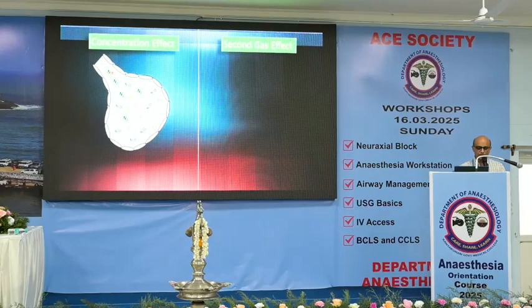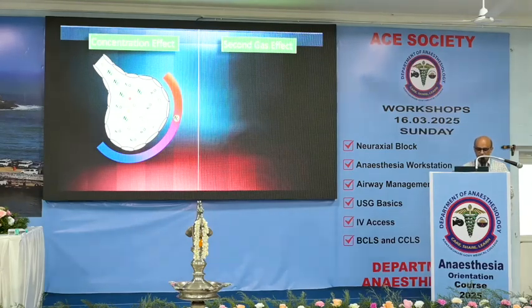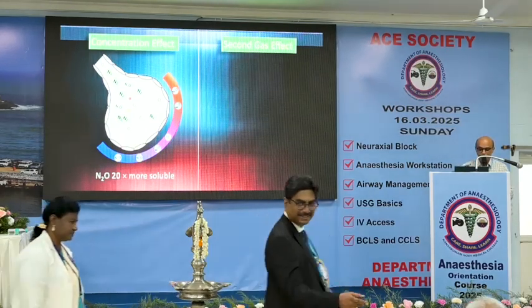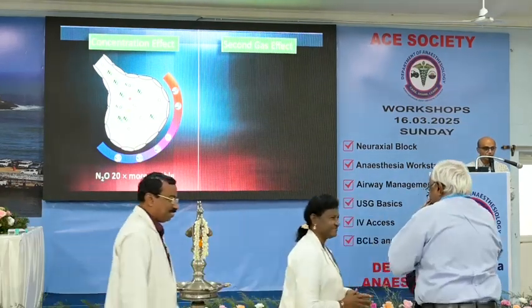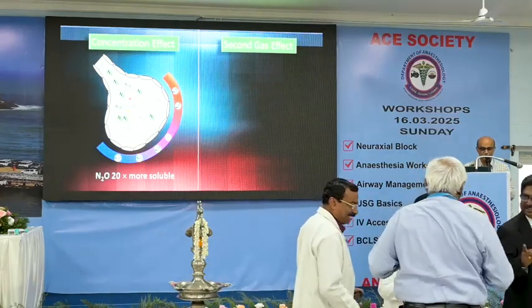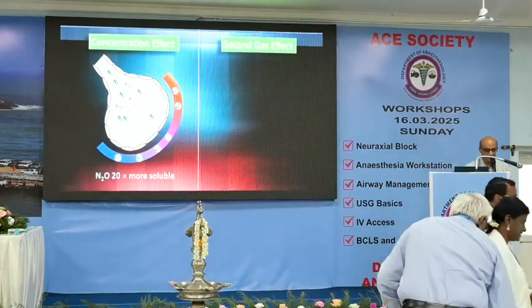So these are the molecules of nitrogen, you have oxygen, you have nitrous oxide, and you have the inhaled vapors here, let's say halothane or sevoflurane. The blood is here, the nitrogen freely goes across, and nitrous oxide is much more soluble, about 20 times more soluble than nitrogen.